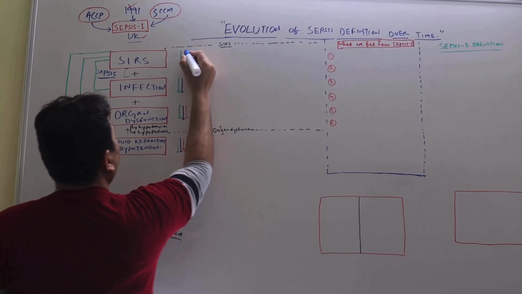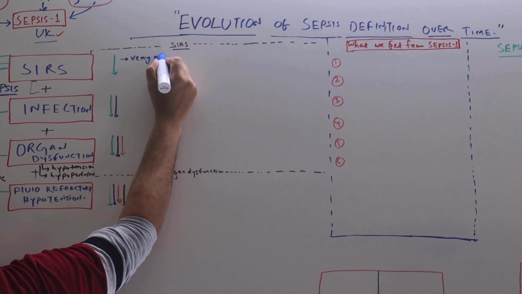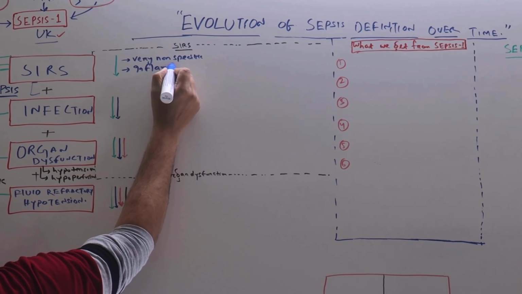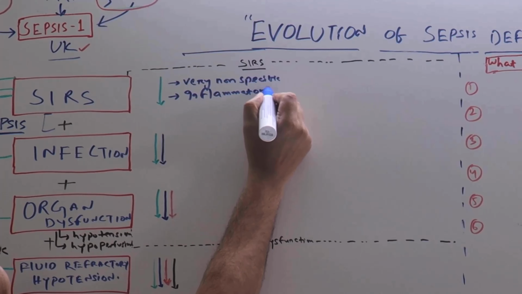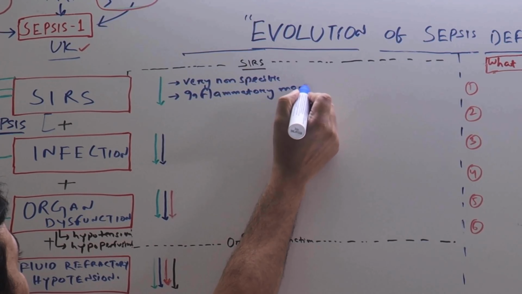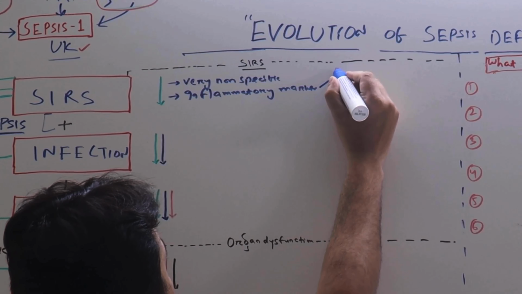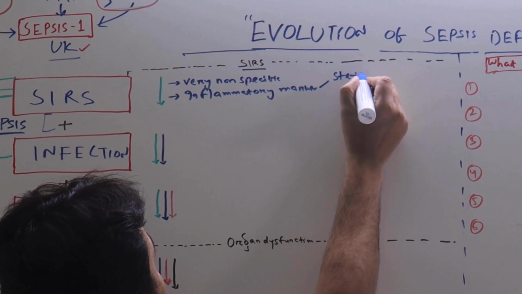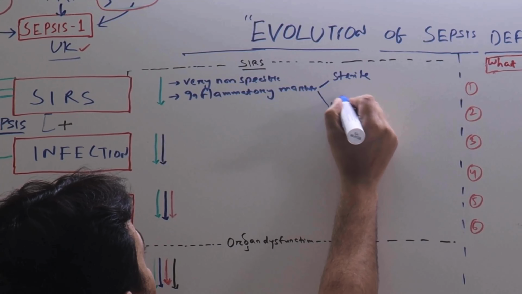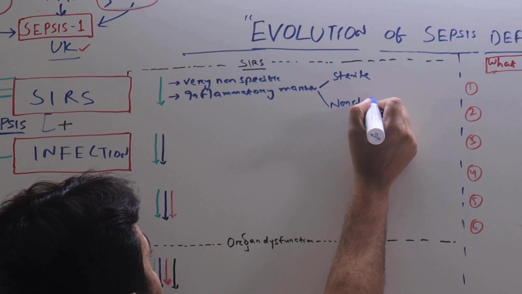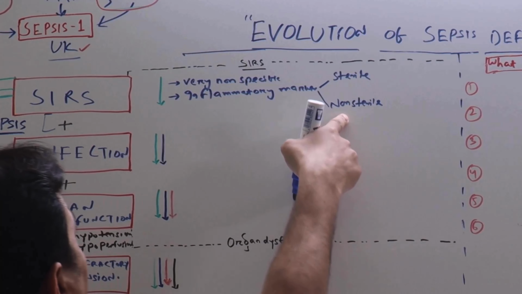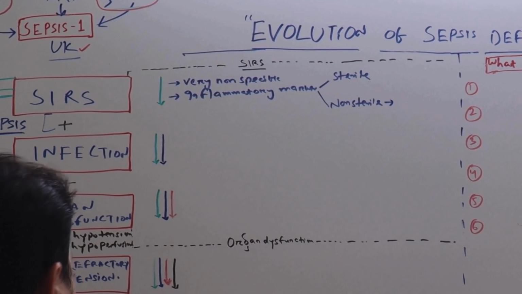SIRS is very non-specific. Why? Because it is an inflammatory response, and inflammation can be of two types: sterile inflammation and non-sterile inflammation. The non-sterile inflammation is called infection, right?